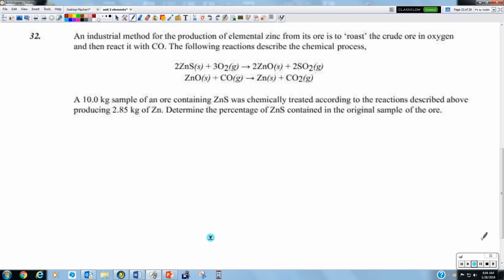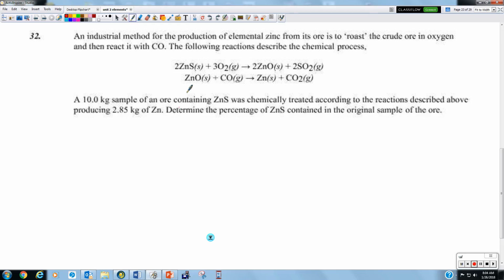So we have zinc ore, which is zinc sulfide. It takes two formula units of zinc sulfide reacting with 3 moles of oxygen to form 2 zinc oxides and then 2 moles of sulfur oxide as well.